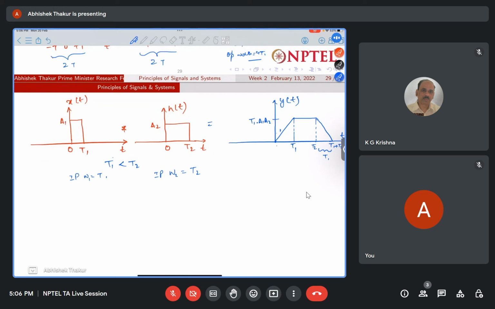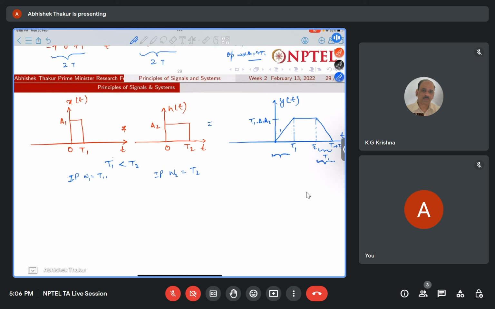Now this signal will be trapezoidal because both the rectangular pulses don't have the same width. But what will be the rising and falling arm duration? That will be the duration of the pulse which has the lesser duration, so that is W1, equal to T1. It will increase up to T1, and it will also decrease over T1 duration, and for the remaining duration it will be flat.